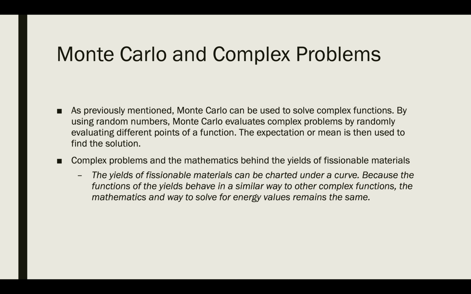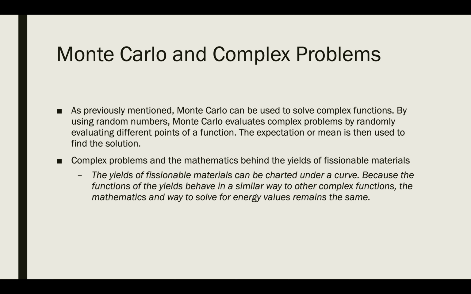Now we'll look at Monte Carlo and complex problems. As previously mentioned, Monte Carlo can be used to solve those unsolvable or extremely difficult complex functions. By using random numbers, Monte Carlo evaluates complex problems by randomly evaluating different points of a function. The expectation or mean is then used to find the solution.